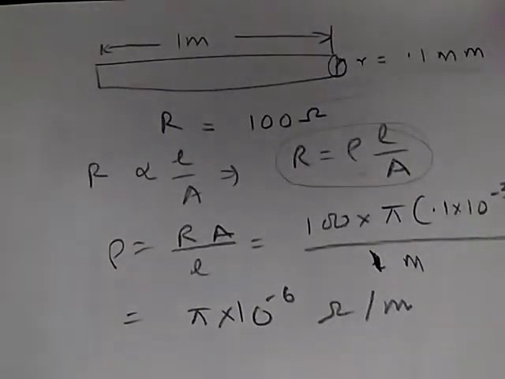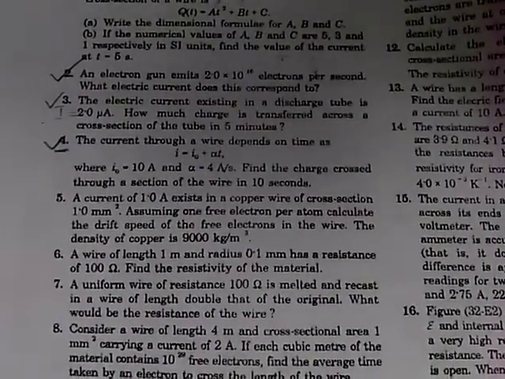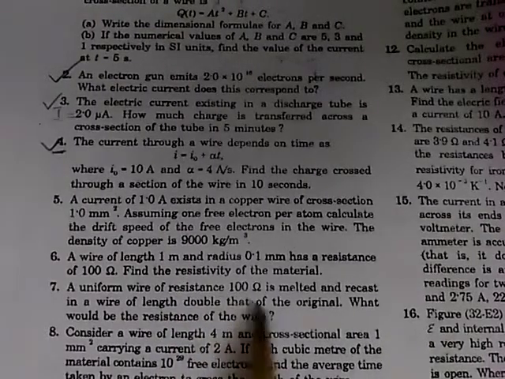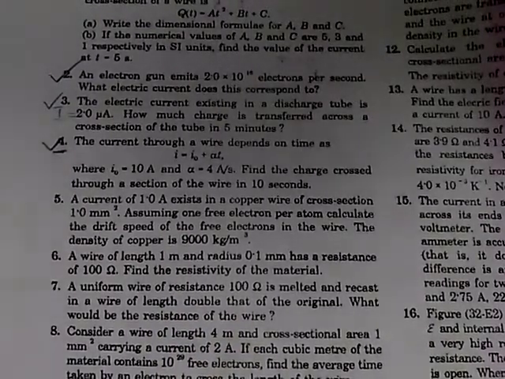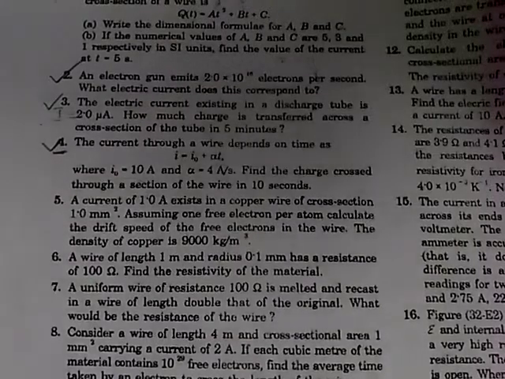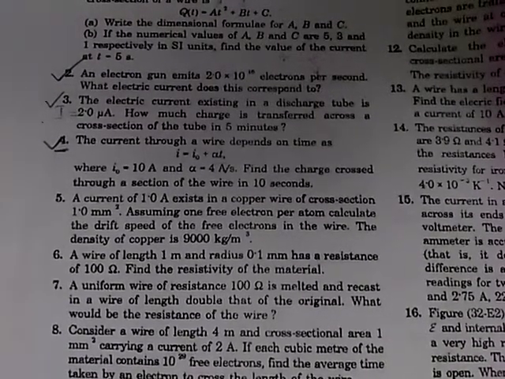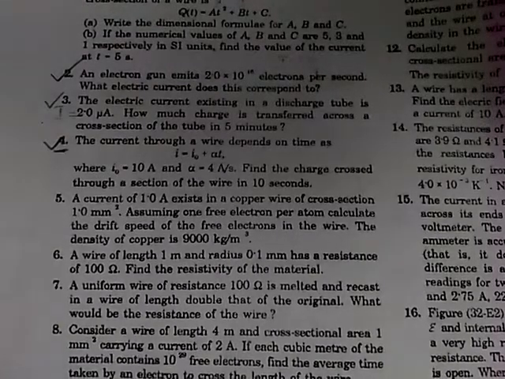Next problem is question number 7. A uniform wire of resistance 100 ohm is melted and recast into a wire of length double that of the original. What would be the resistance of the wire?